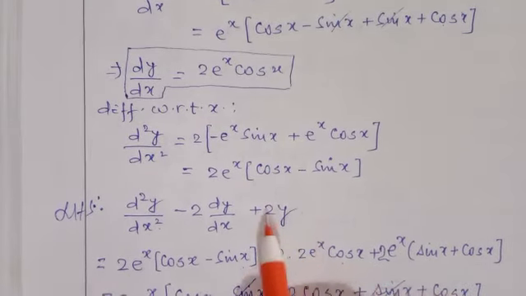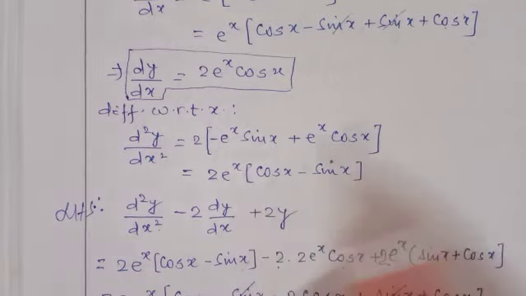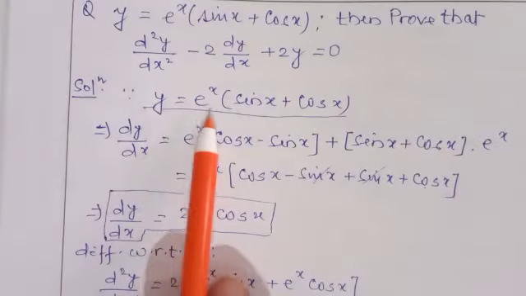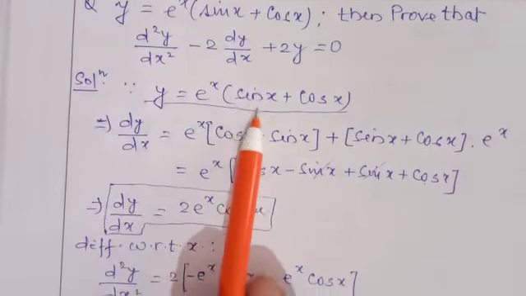And plus 2y. y means what is given: e to the power x into sin x plus cos x.